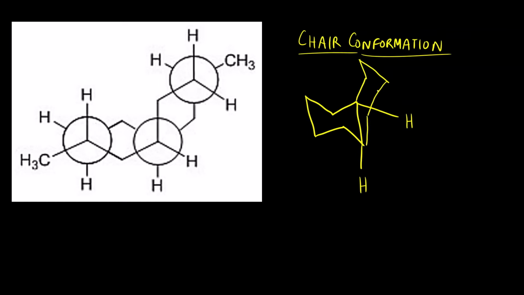Let me draw again. So this is cis-decalin. How can we identify? We can see both the hydrogens are below the plane of the paper, on the same side.